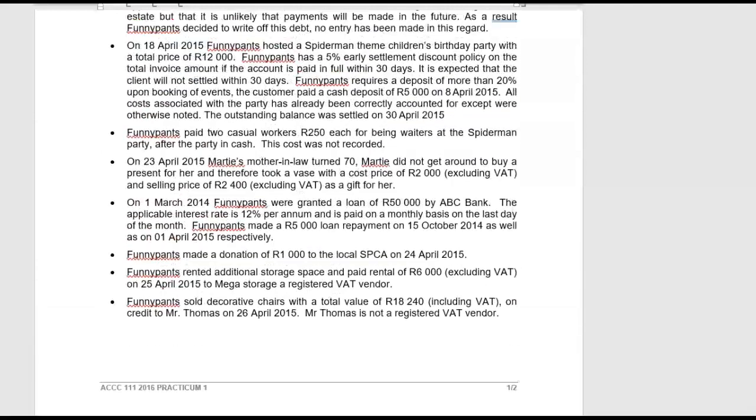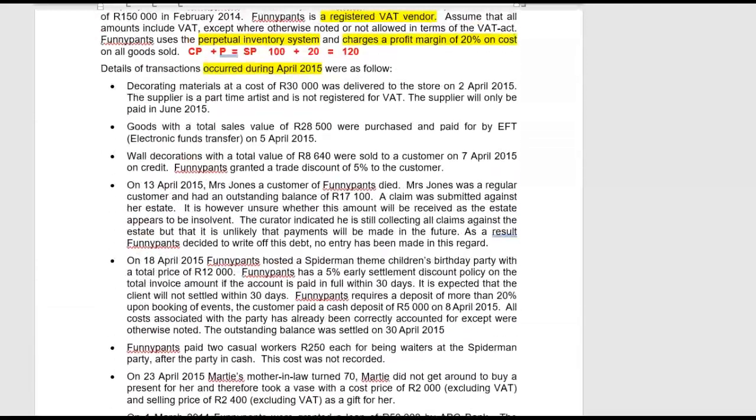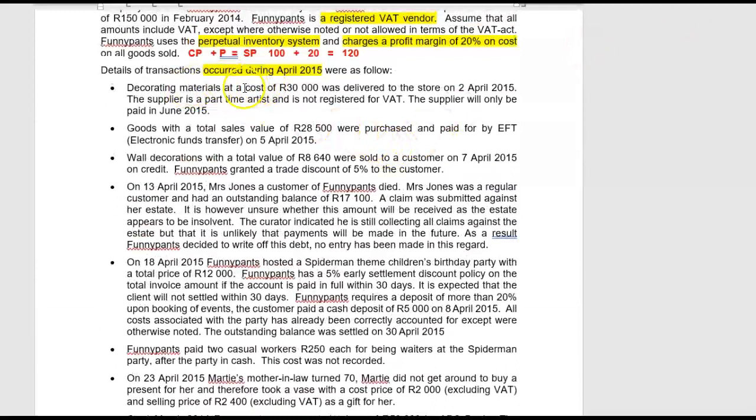Okay, let's start at the beginning. Decorating materials at a cost of 30,000 Rand was delivered in the store on 2 April 2015. The supplier is a part-time artist and is not registered for VAT. So Funny Pants had bought some of these materials. Cost of that was 30,000.